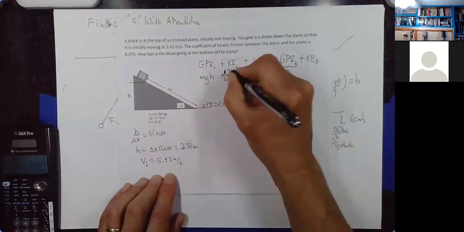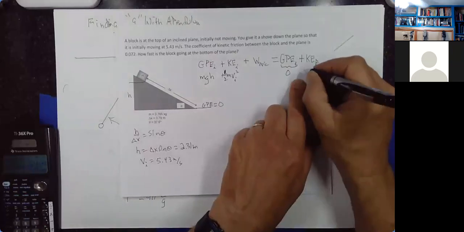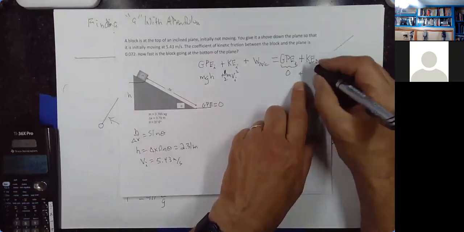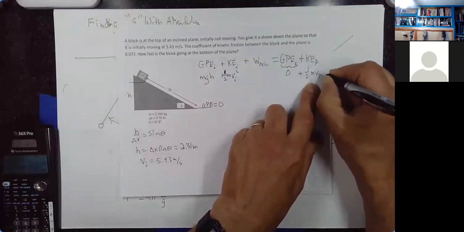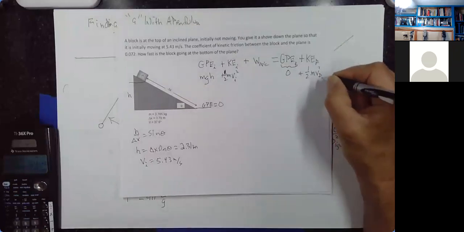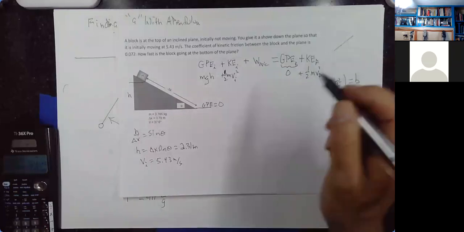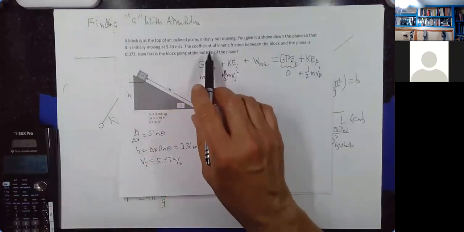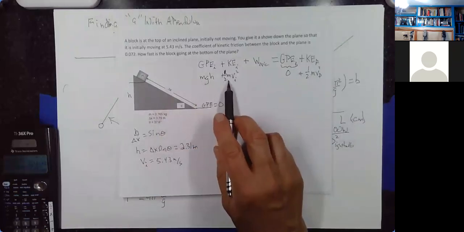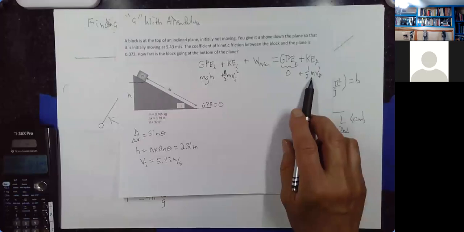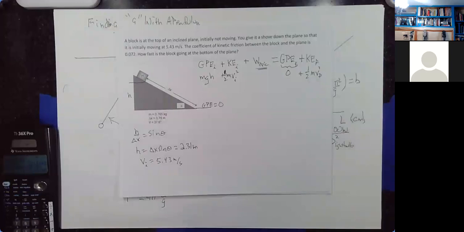Anyway, that's what kinetic energy always is. The final kinetic energy is 1/2 m V final squared, and I don't know what V final happens to be. Notice nowhere do they give me the mass of the block, but so far everything I've got is proportional to the mass. The thing that I haven't figured out is the work done by friction.